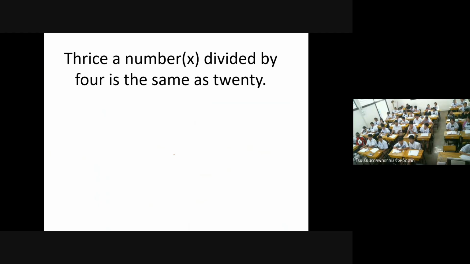But since we're dealing with a linear equation, we're going to write it in fraction form. So twice the number, that's 3x, divided by 10, and that's 1 cup.